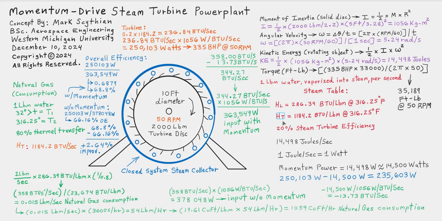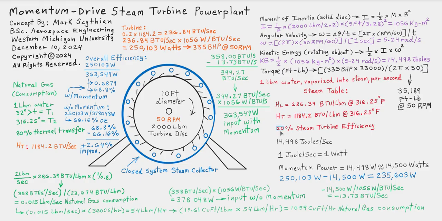And then the total heat of steam for every 1 pound of water converted into steam per second, we'll have a steam power output of 1184.2 BTUs per pound at 316.25 degrees Fahrenheit. So it will cost 286.39 BTUs per second per pound to then get a steam power output of 1184.2.